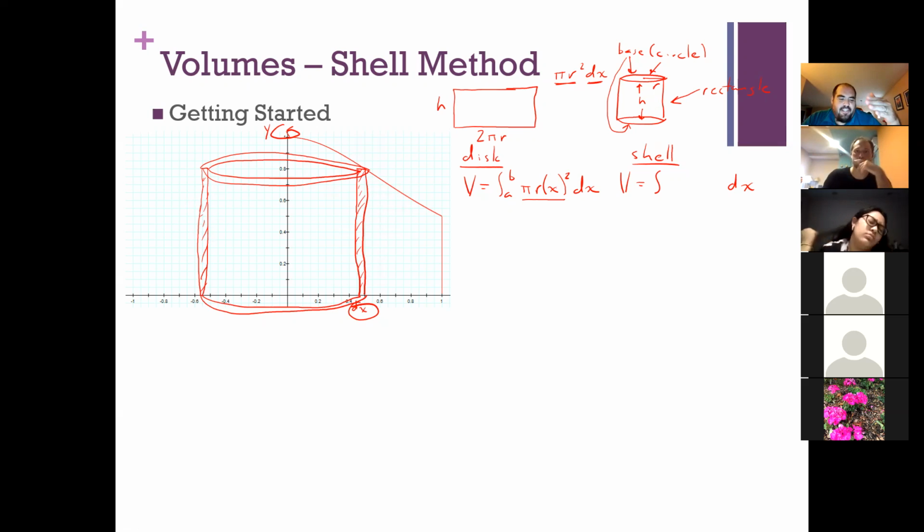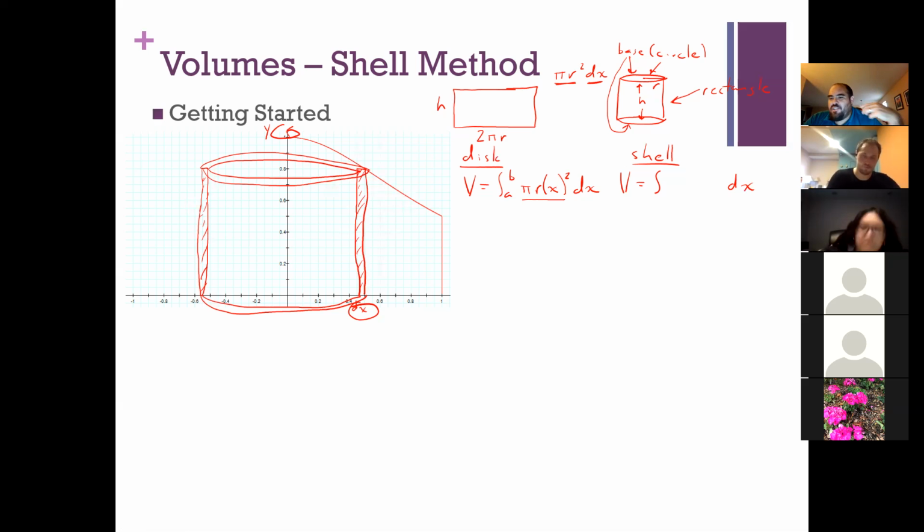I'll answer that, and it's going to sound wishy-washy, but it'll make sense in a little while. After the first half of today, you're going to have a couple of different weapons for finding volumes of solids of revolution: the disk/washer method and the shell method.